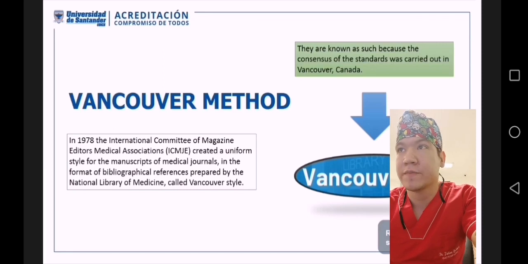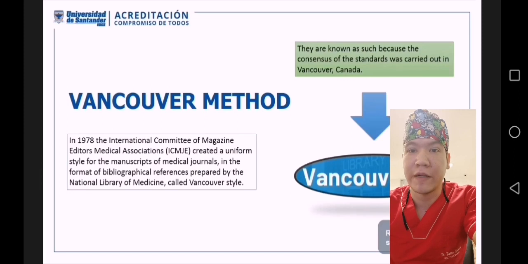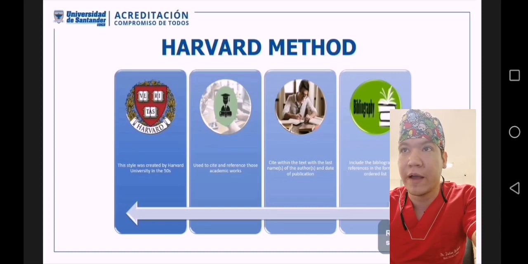The Vancouver method is named that way because the consensus on the standard was reached in Vancouver, Canada in 1978. It created a uniform style for manuscripts of medical journals, and this is the typical method that we use in the health profession.